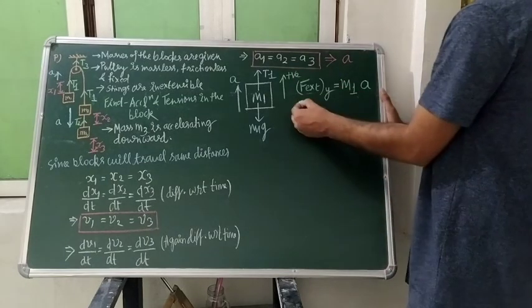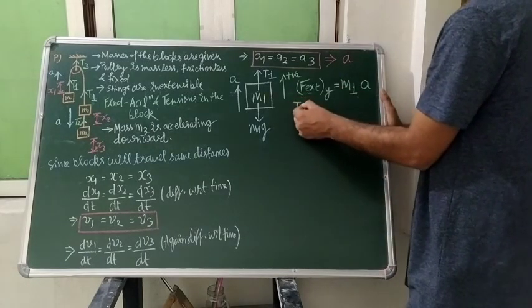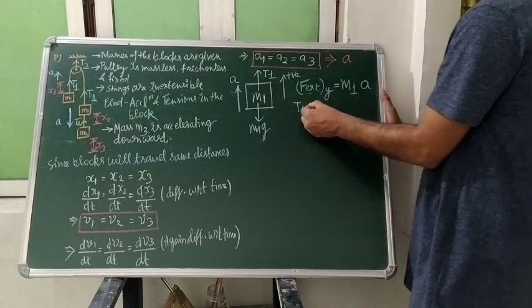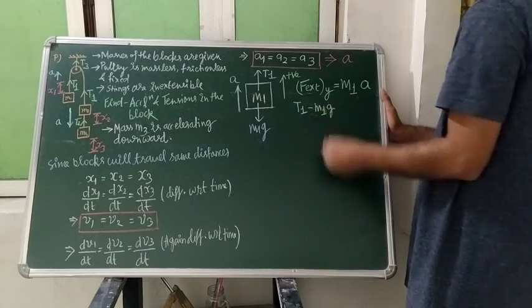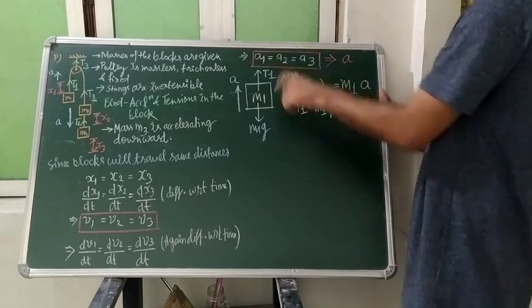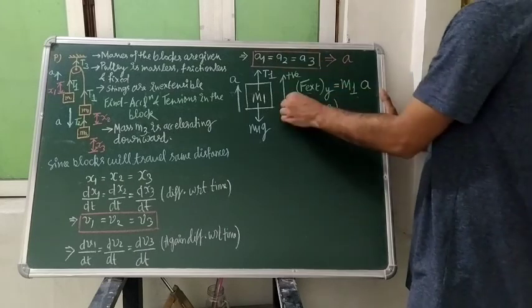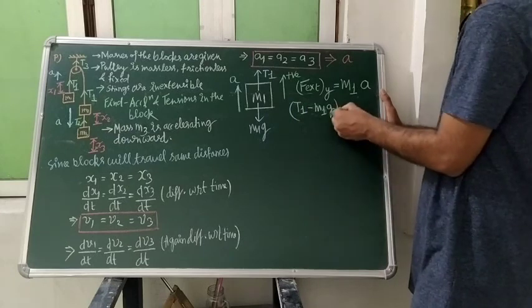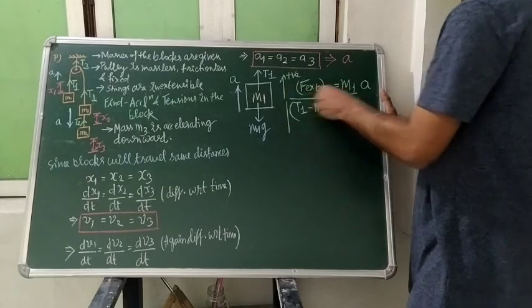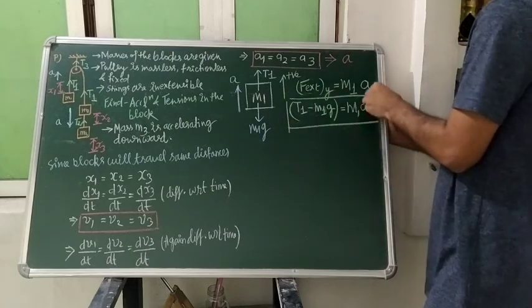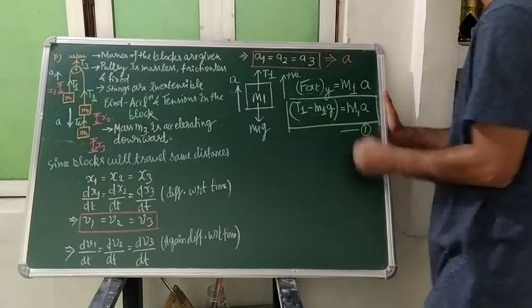So F external is T1, since upside we are taking as positive and downside as negative, so T1 minus m1g. This will be only our external forces acting over here, and that should be equal to mass times the acceleration of that body. Okay? Question number 1.